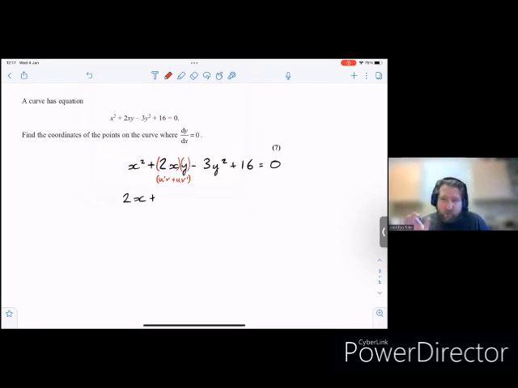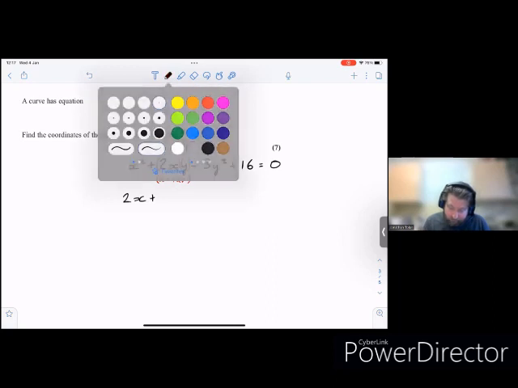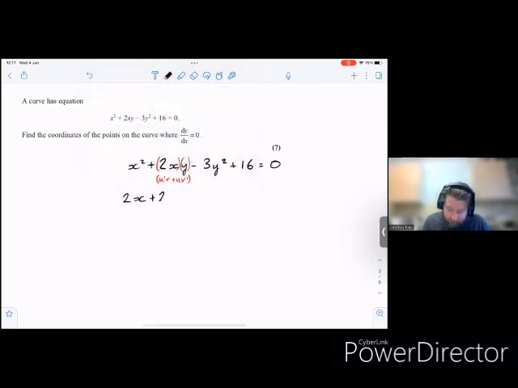We could either take the 2 out and use the product rule on x and y, or we could treat v as being 2y. So just make it clear in our heads, I've called 2x u. So u dash will be 2. So u dash v is just 2y. And again, remember, we didn't differentiate y there, so we do not put a dy by dx in.